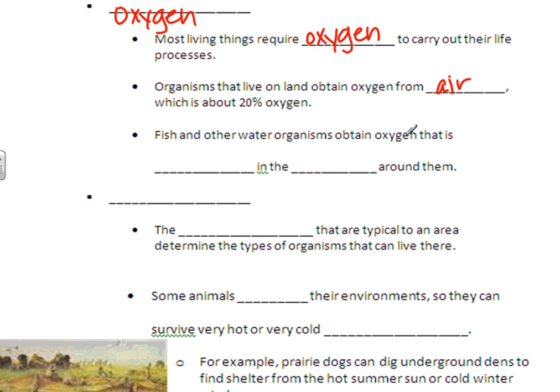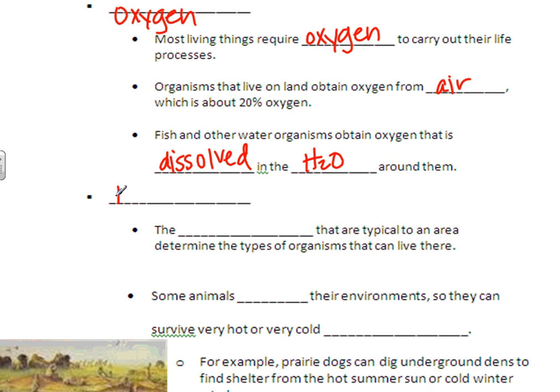When you just breathe in air, you're filtering out the oxygen that your body needs, and air is only 20% oxygen. And we'll talk about that later this year when we discuss the atmosphere. Now, fish and other water organisms obtain oxygen that is dissolved in the water around them. And that's how they get their oxygen.